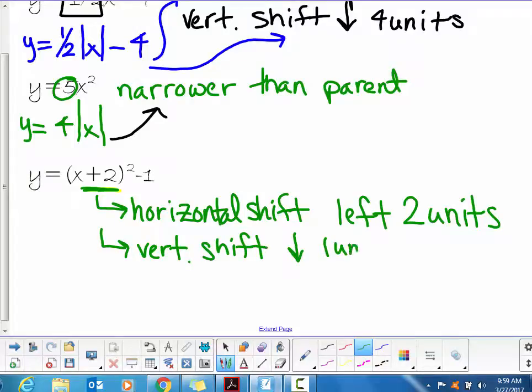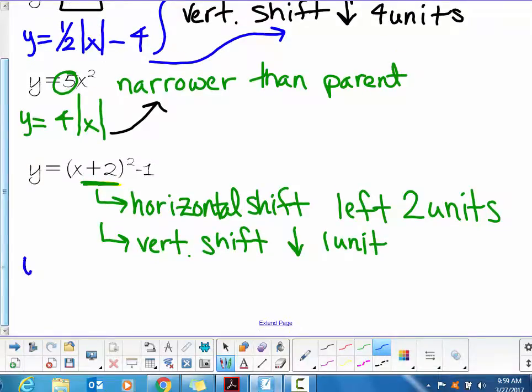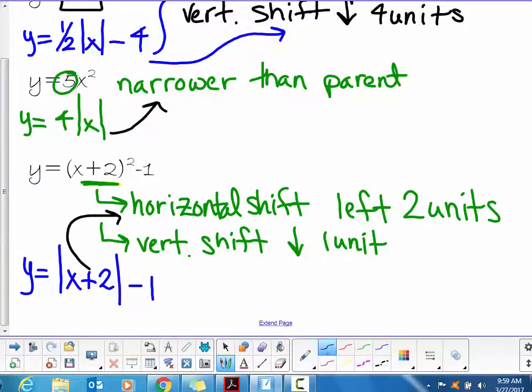I'm going to go down 1 unit. This is just like if I had y equals the absolute value of x plus 2, minus 1. Inside the absolute value symbols represents the horizontal shift and it's opposite. The number outside the absolute value represents the vertical shift, down 1.